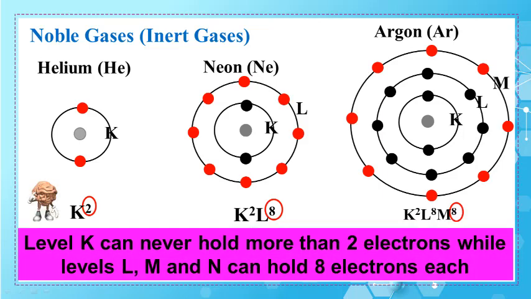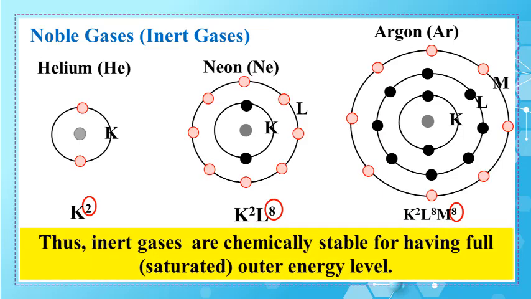We know that the level K can never hold more than 2 electrons, while levels L, M, and N can hold 8 electrons each. So what do we conclude? We conclude that inert gases are chemically stable for having full or saturated outer energy level.